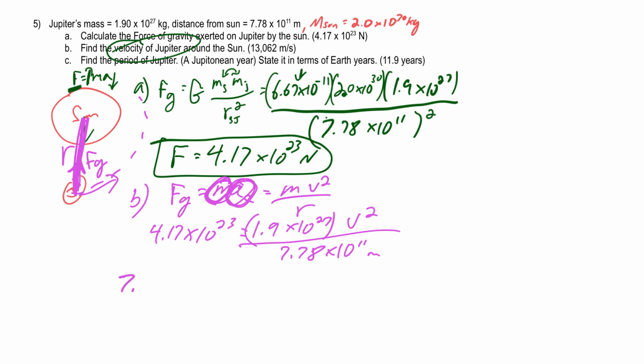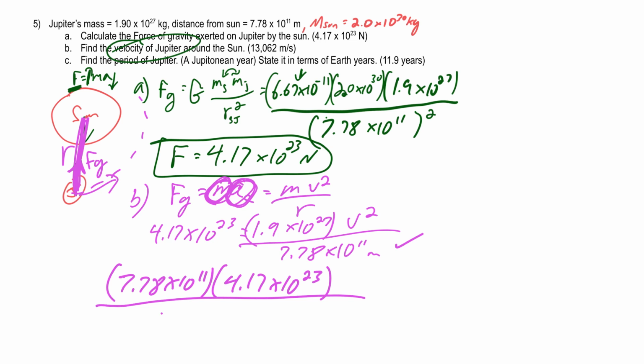So 7.78 times 10 to the 11th, 4.17 times 10 to the 23rd. So we're multiplying both sides by this, the denominator here. Then we're going to divide by the numerator, 10 to the 27th, equals v squared.